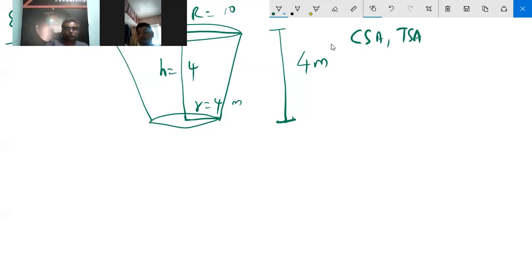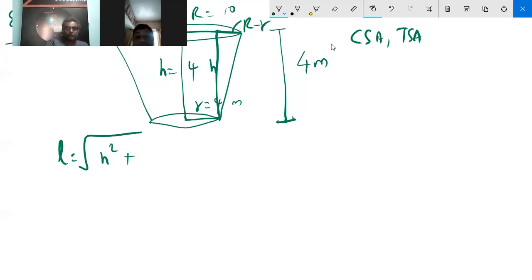Now what you have to do? This is in the opposite direction. So if you draw a straight line from here, it will go and cut here. Okay, this is H, and this length is R minus r. So L is equal to root of H squared plus (R minus r) the whole square.